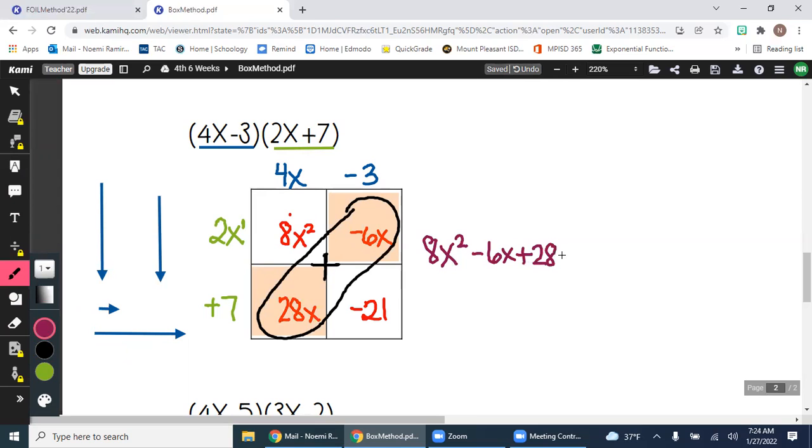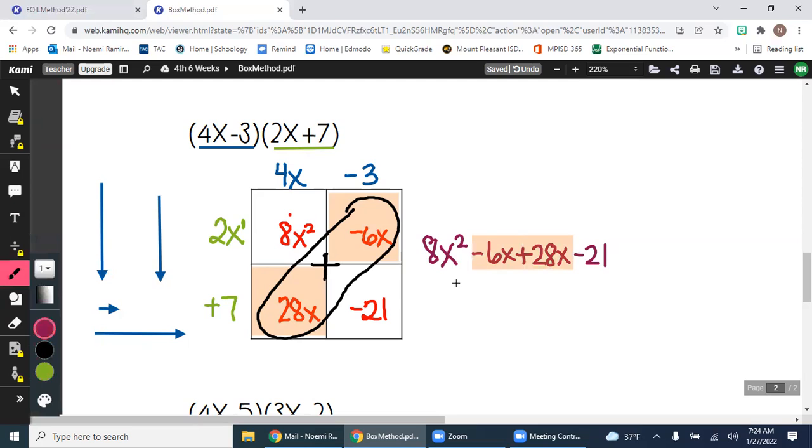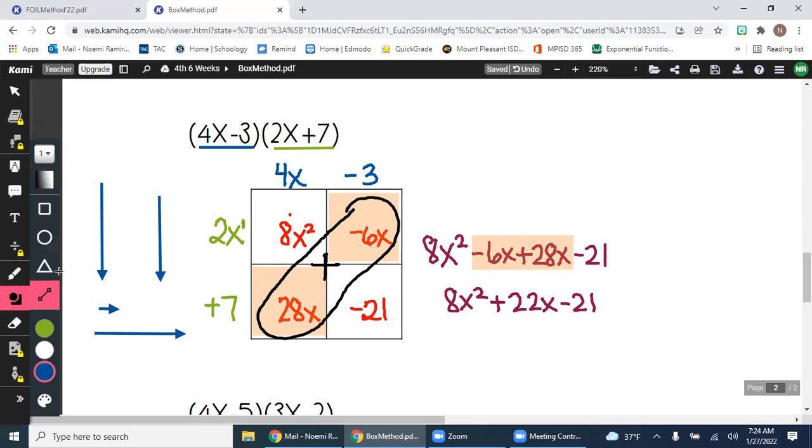Either you can write it down first and then combine, or you can combine those in your head, up to you. And then you get 8x squared, -6 plus 28 gives you a positive 22x, minus 21. There's your final answer.